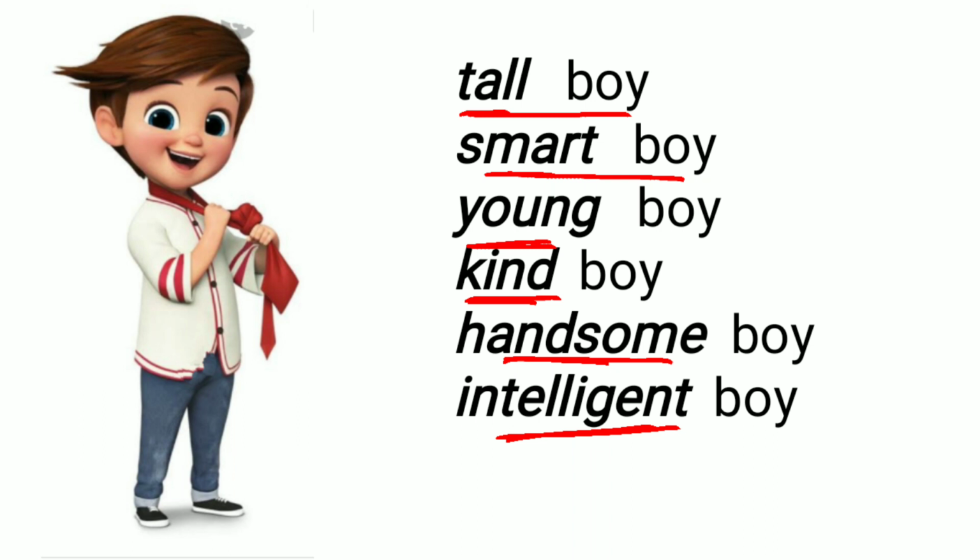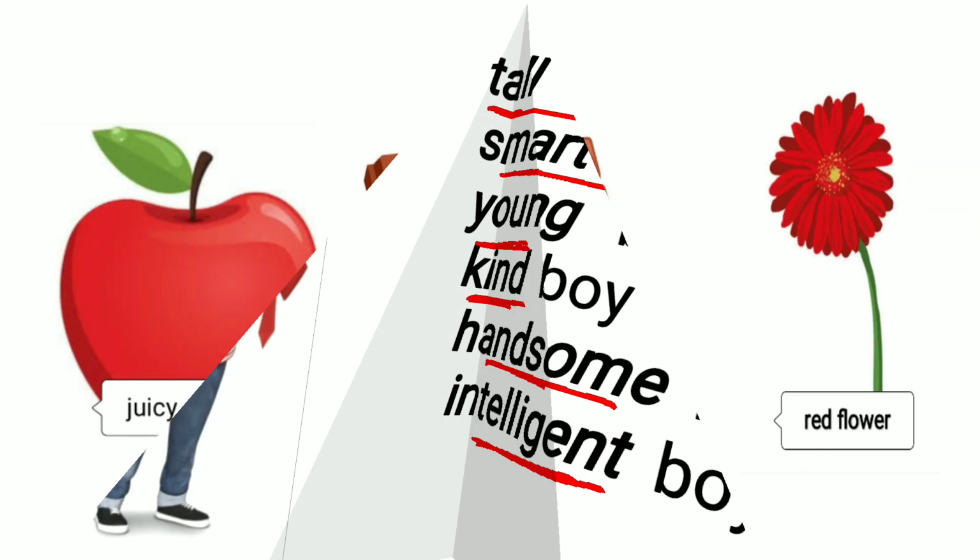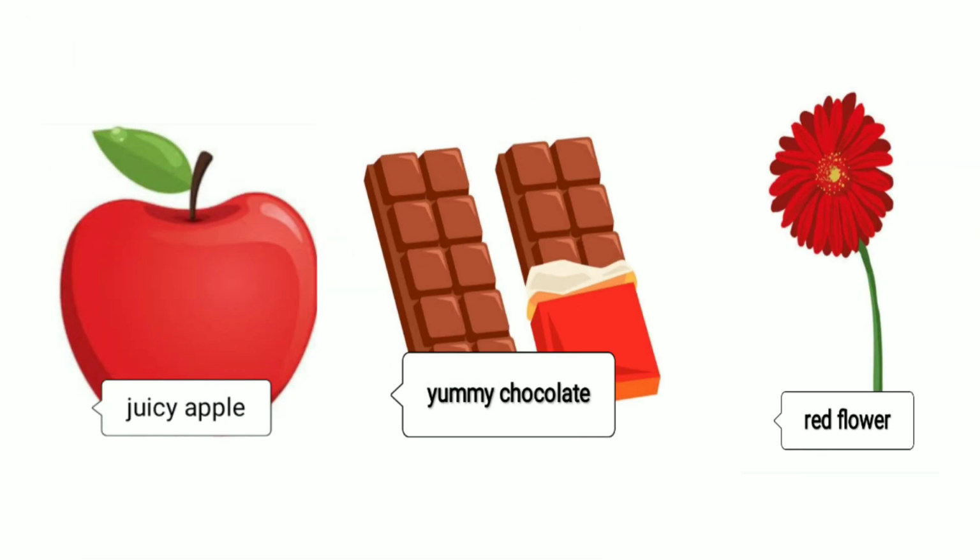What are the words that we are using to tell more about the boy? Tall, smart, young, kind, handsome, intelligent. All these words which we are using to tell more about this boy are called describing words. Understood children? Now let us see a few more examples.